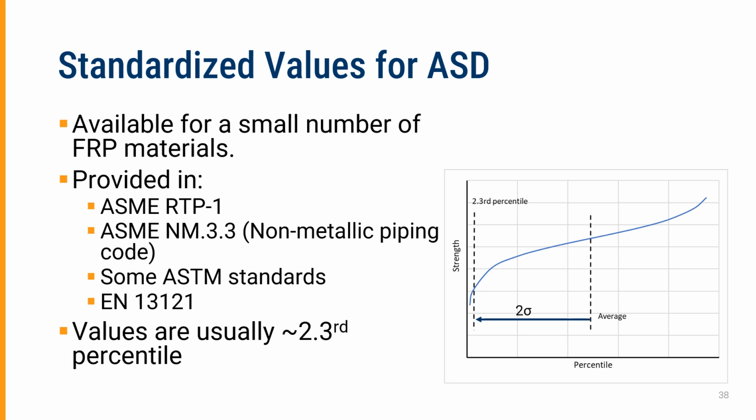We also have standardized values available for allowable stress design. These are available for a small number of FRP materials. These are provided in ASME RTP-1, ASME NM.3.3. This is essentially the appendix for NM.2 for piping design.